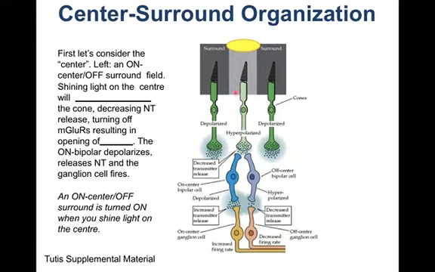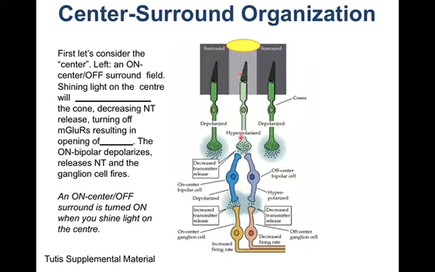So an on-center system shown on the left, and we're just talking about the center right now. We'll talk about the surround in a minute. An on-center system is turned on when you shine light on the center.